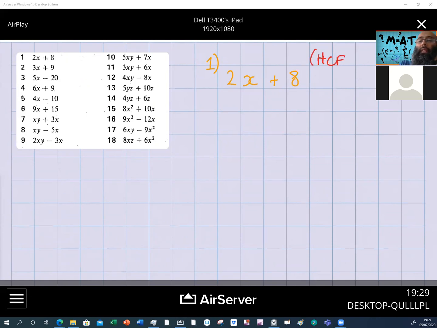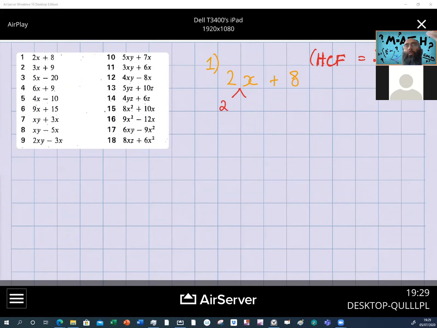Okay, I've given you a key little bit of wording at the top. What is the highest common factor of 2x and 8? It would be 2. Okay. Now, what Abdullah means is that factors are how the numbers are made up, what numbers multiply together to make that. Factors are to do with division.